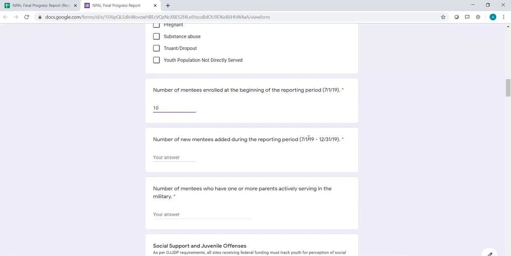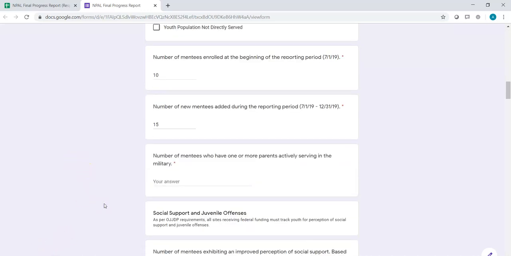So you may be completing this report before the end of December, and that's fine, especially if you've completed programming and you're not going to be running any more programming before December 31st. So again, this is all of the youth that were added to your program since July 1st. So for example, I'm going to put in 15 here.